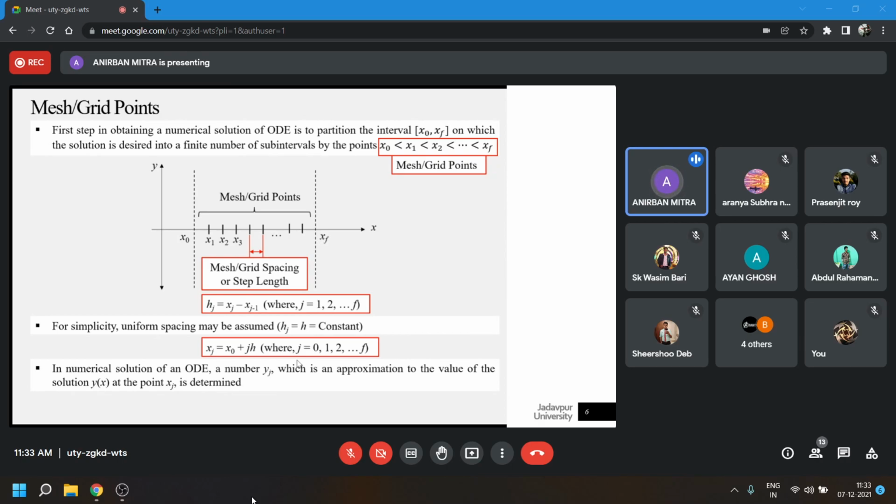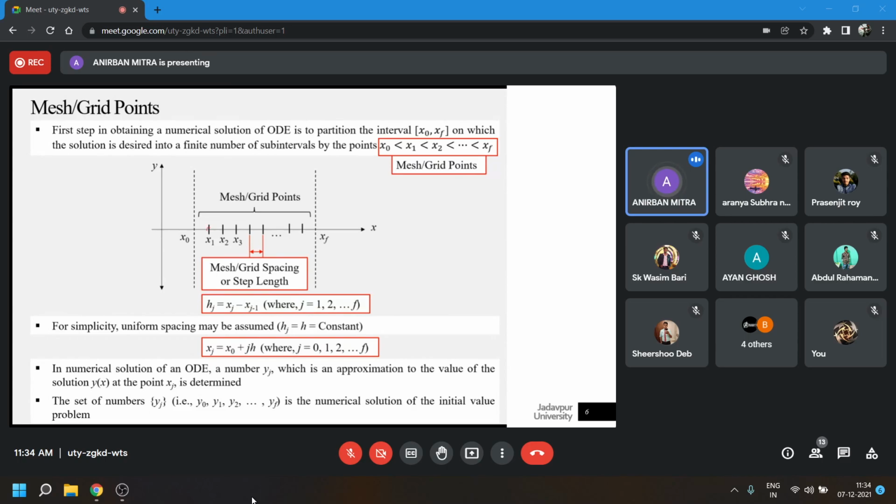So this is what we are looking for in terms of the numerical solution of the ODE. The set of numbers yj, that is starting with y0 going up to yf, is the numerical solution of the initial value problem. At all of these points, x1, x2, x3, like that, we will get a value of the y coordinate.